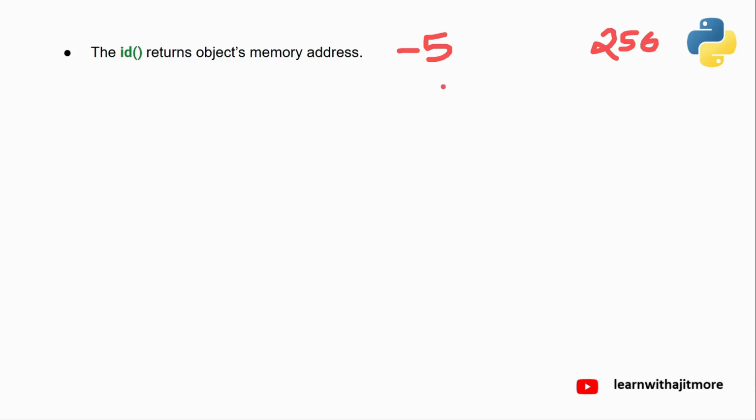If your values are between -5 to 256, it will use those objects from the pool only. It means already in memory, all these objects are already created and kept. It has created the value -5, ranging up from there: -4, -3, -2, -1, 0, then 1, 2, 3. All these objects are already created and kept in the pool.